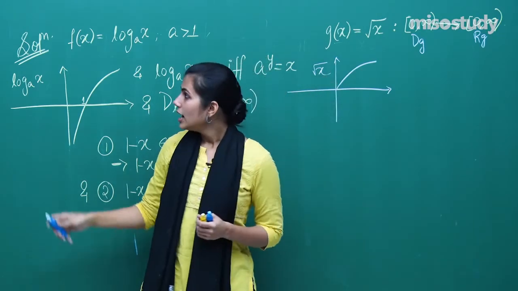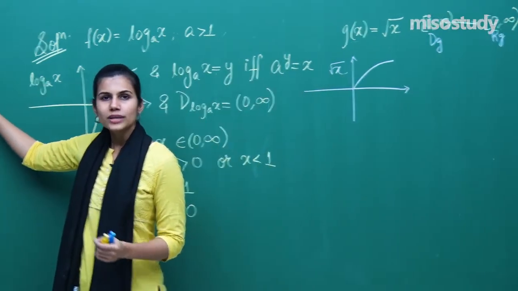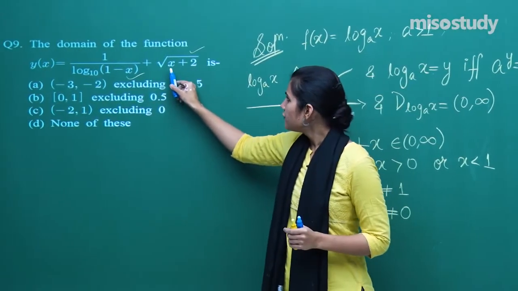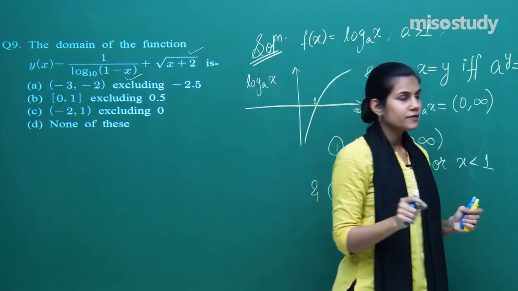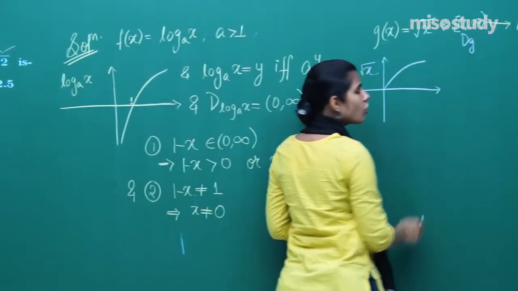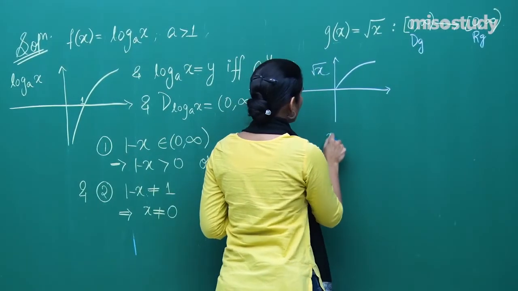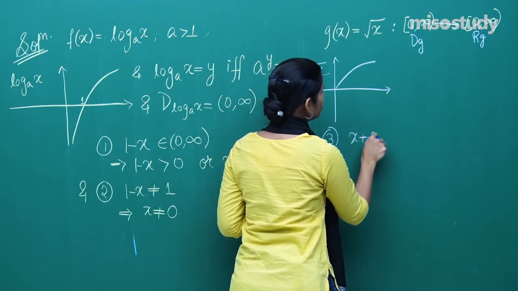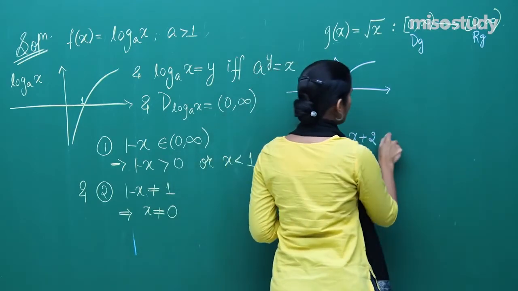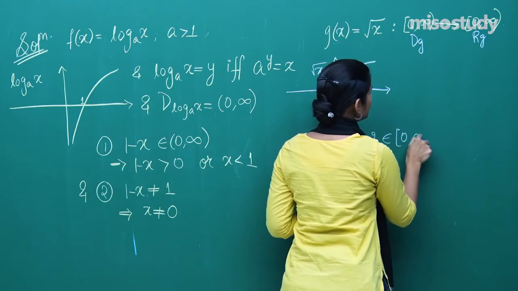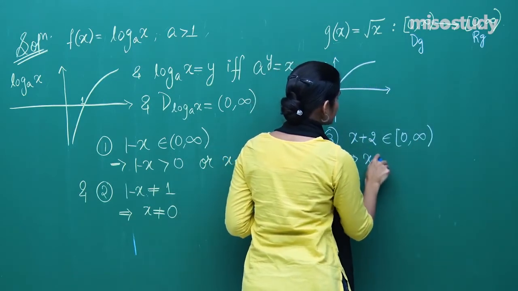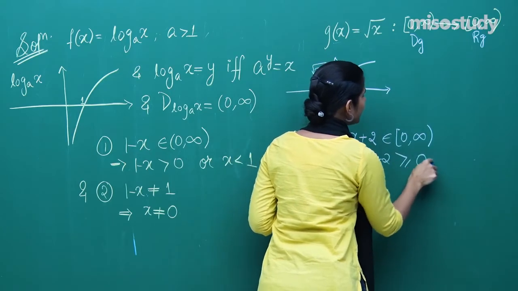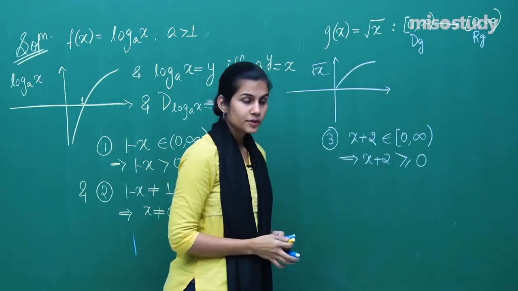And therefore, under root x plus 2 can only be defined if x plus 2 comes from the domain of the root function, which is (0, infinity). So I want x plus 2 to come from (0, infinity), which is, I want x plus 2 to be greater than or equal to 0.